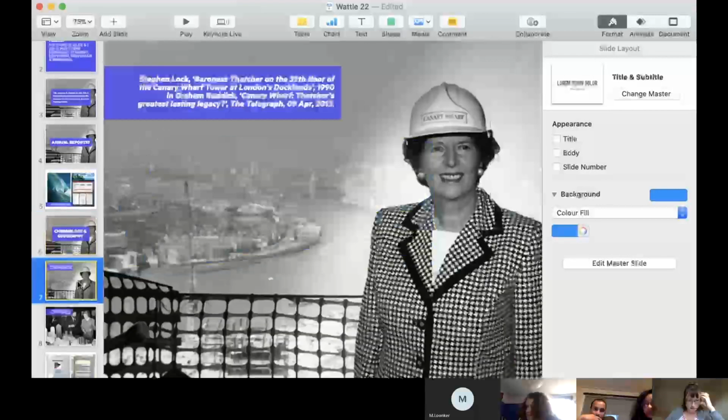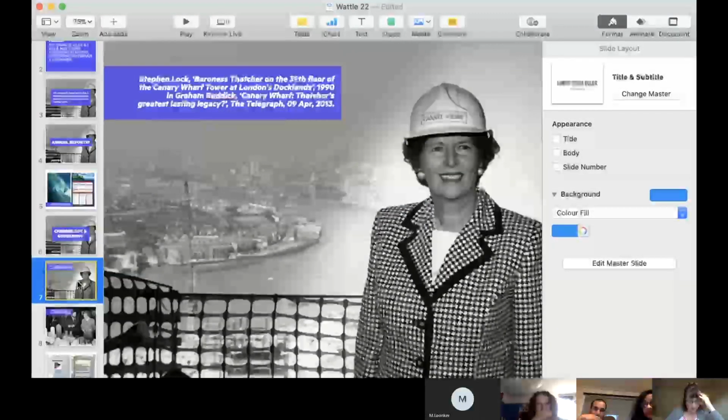For me, this image and the one that follows summarise my chronology and geography well. I'm looking at a time when Margaret Thatcher was Prime Minister of Britain from 1979 to 1990, and when her policies came into fruition into the 90s. She's here standing on top of the Canary Wharf Tower in London's Docklands, now one of the main financial centres of the UK, in 1990.